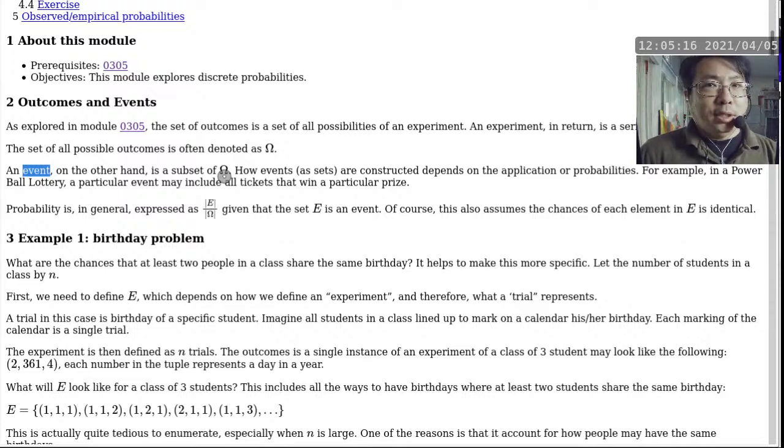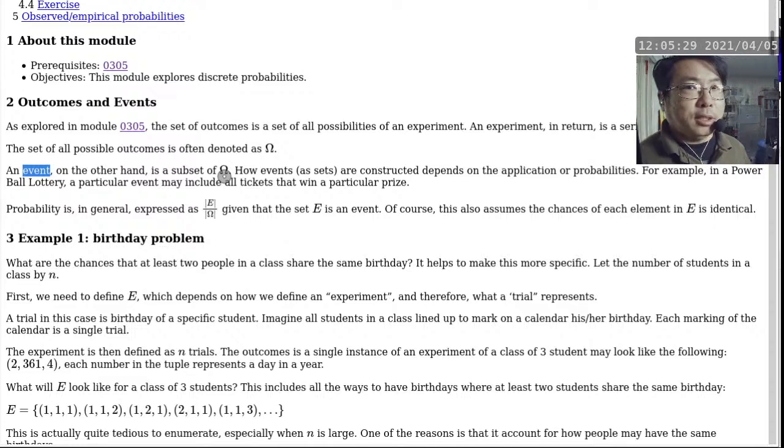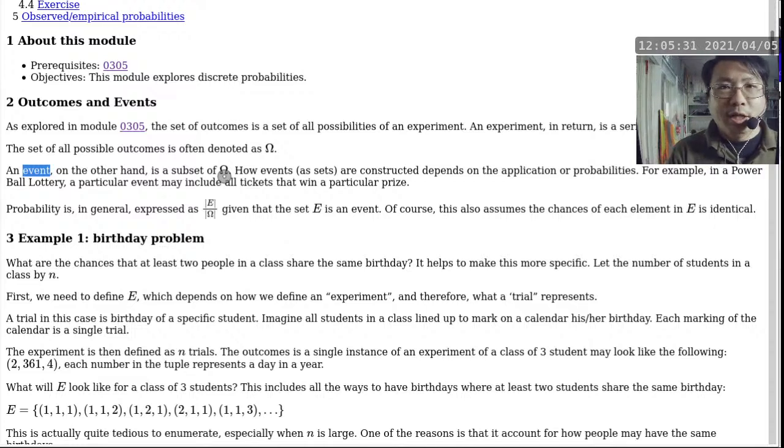Then what is E? How would you describe E in that case? I'll give you a few moments to think about this, and then I'll tell you the answer. Once again, E is a subset of omega, but it is not a proper subset of omega. How would you describe E in this specific case?